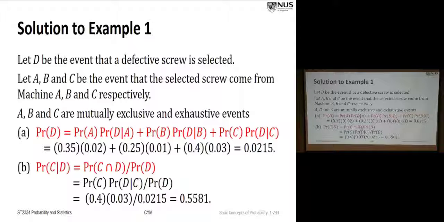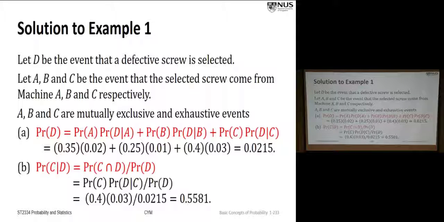All right? But if you just select a screw, then the chance that it is from machine C is about 45%? So it's less than that number. So in other words, if you know that it's a defective item, it's more likely that it's from machine C than if you don't know anything about the screw. You just pick one screw. What's the chance that it's from machine C?